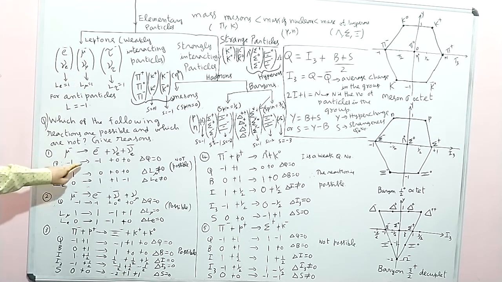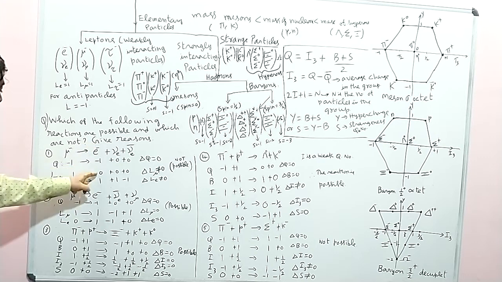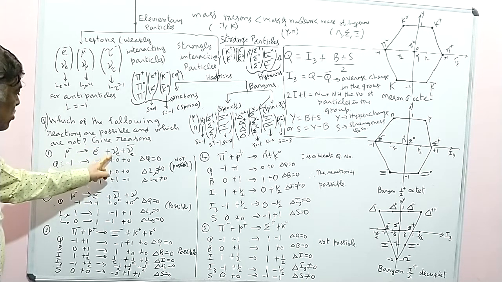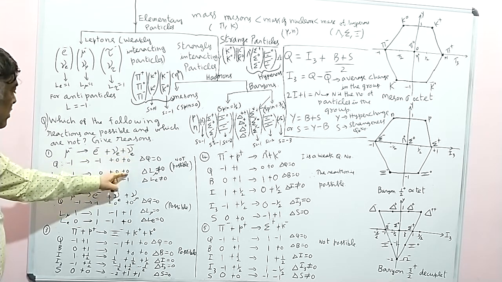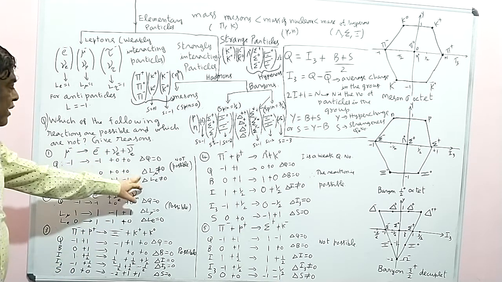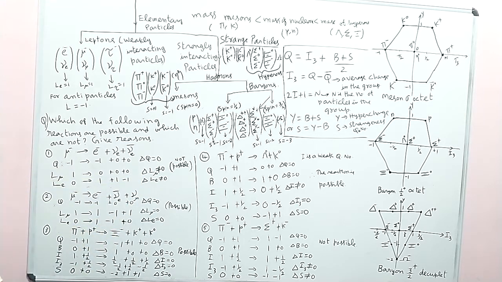On this side, since this is an electron, it is 0, and this neutrino associated with the electron is 0, and this antineutrino associated with the electron is 0. So L mu, one side is 1, the other side is 0.